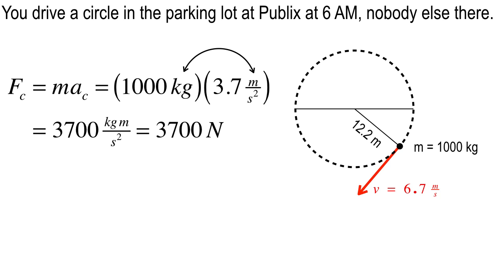And why would that be? Well, sometimes if you're in the middle of a calculation, you might want to do some canceling. And so having a force as kilogram meter per second squared might be more conducive to canceling, stuff like that.